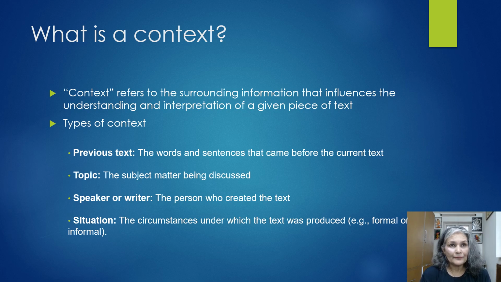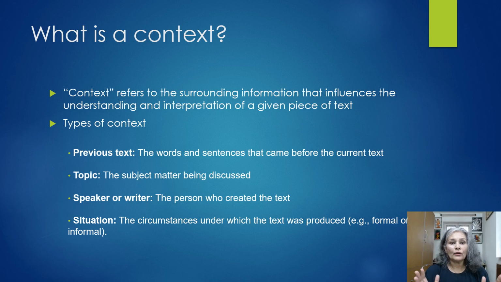There are various types of context. For example, the one that we talk about a lot, which is the previous text, or what are the previous words that have come in a sentence. The topic. Now, this is a little more complex and it goes across several sentences. That is the topic that is being discussed.